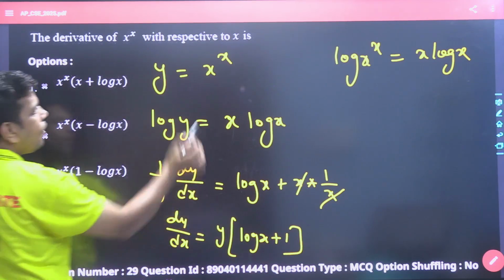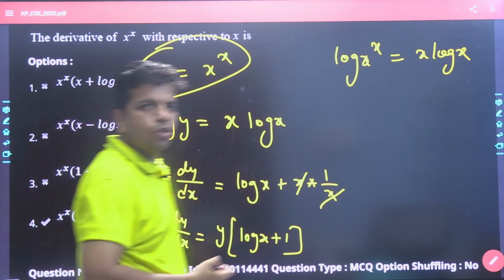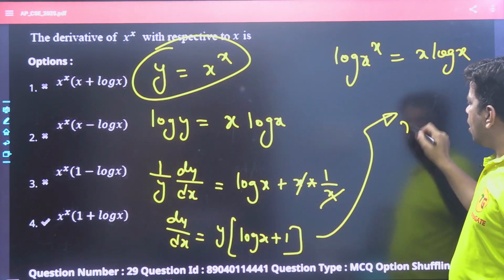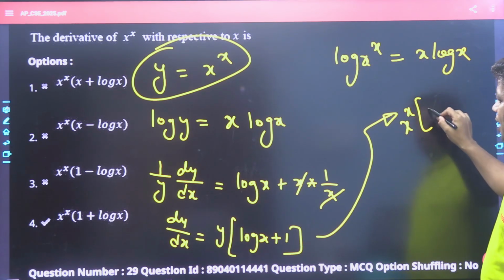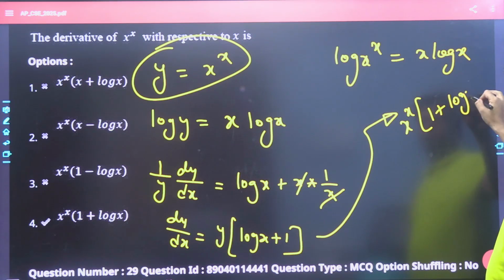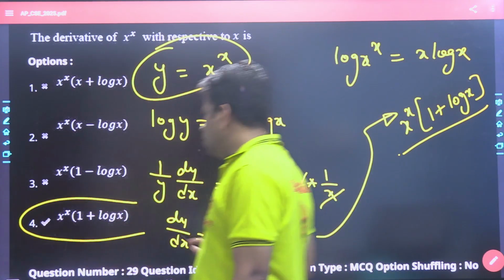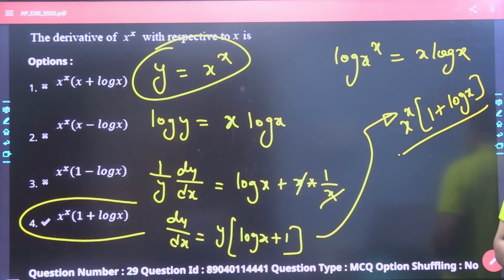Now in place of y we can put x raised to x. By putting the value you get the result, which is given in the last option. You can go with the fourth. Fourth is your answer. Got it?